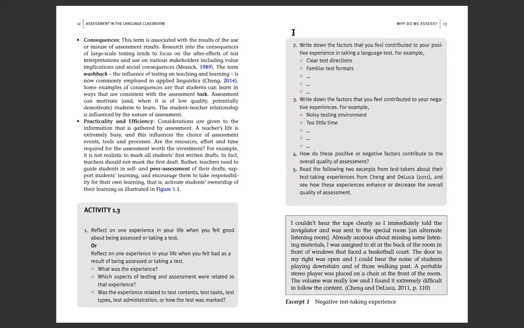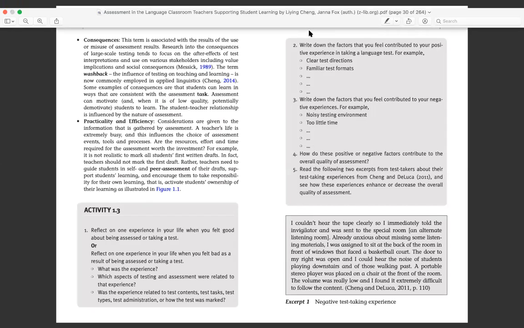In 1.3, you have to read these 2 excerpts, estos extractos, from a real teacher. Then you answer the questions. And of course, I would suggest reading 1.4 from the book.